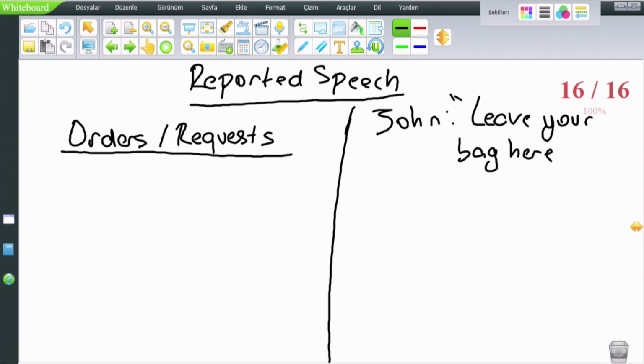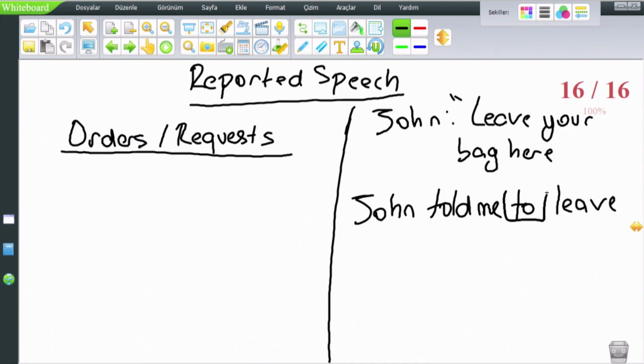Leave your bag here. This is an order/request sentence. I can say, John told me to leave. Be careful with possessive adjectives, object pronouns, and subject pronouns.